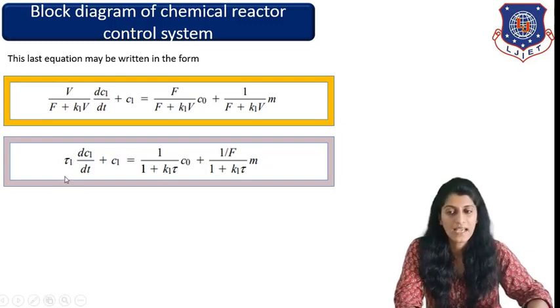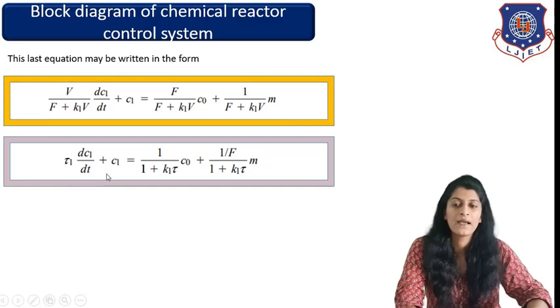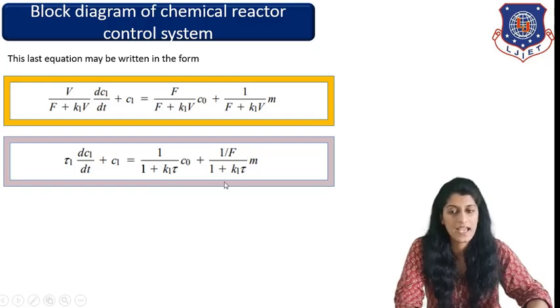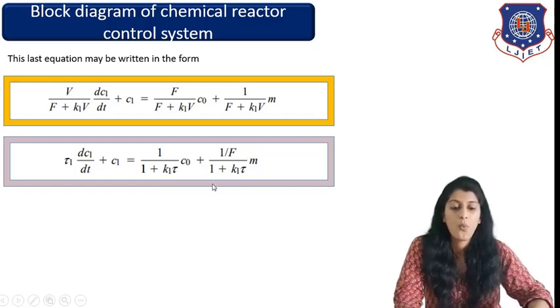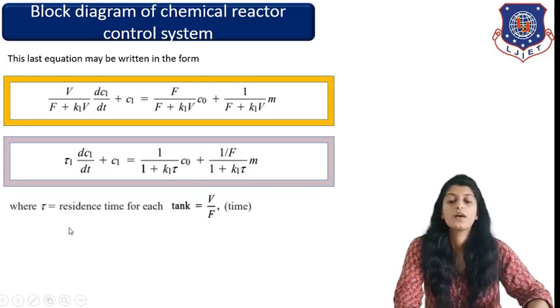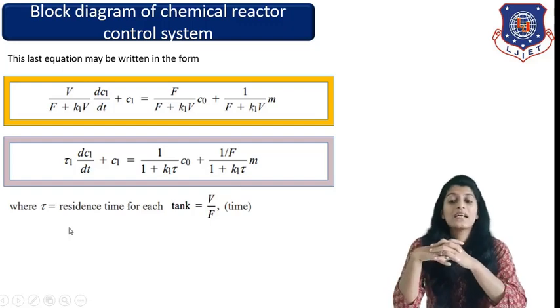So it will be tau 1 dC1 by dt plus C1 equals 1 upon 1 plus K1 tau C0 plus 1 by F upon 1 plus K1 tau into M, where tau is the residence time for each tank.